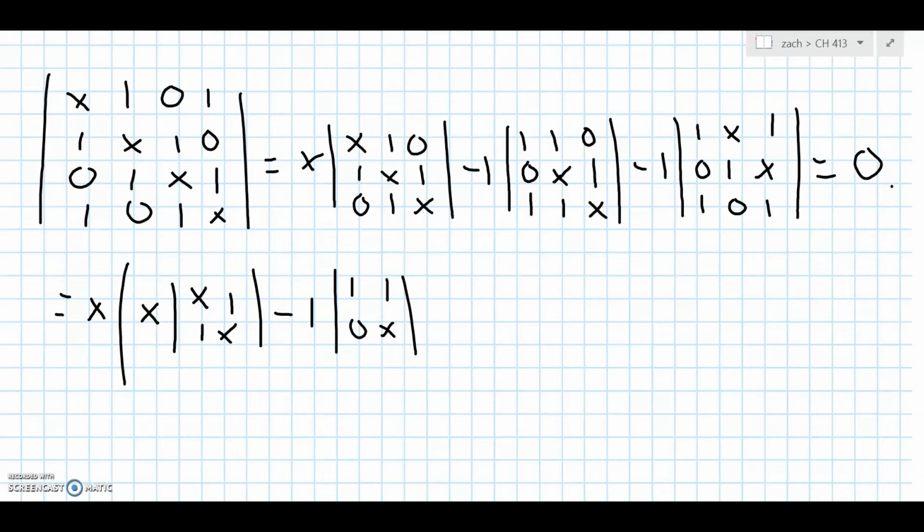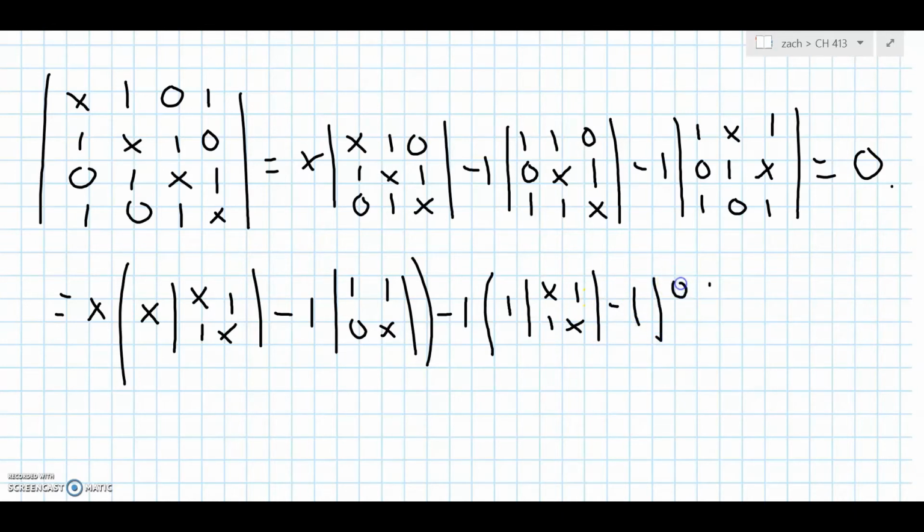And the last one's 0, so that's it for that one. Then we have minus 1. That's going to be 1 times the determinant of x, 1; 1, x, and then minus 1 times the determinant of 0, 1; 1, x.